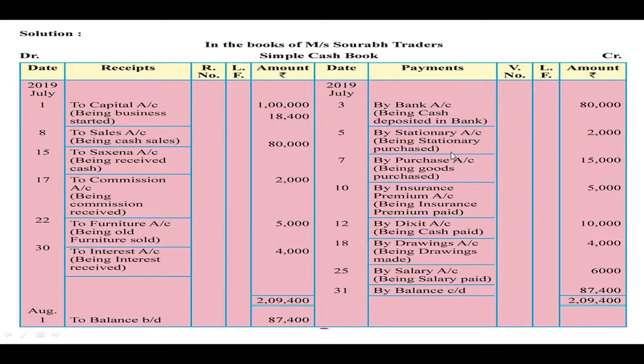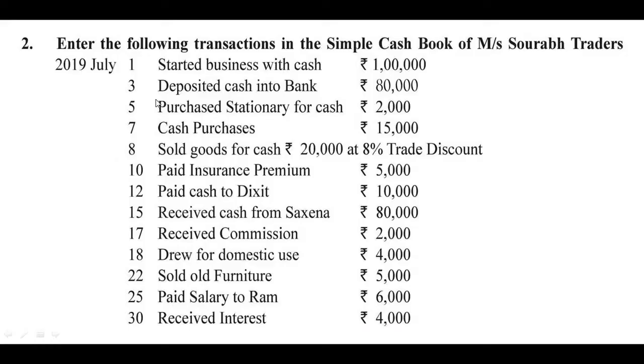So you have to remember that whenever the businessman purchases anything, then the transaction will be recorded on the payment side, and when the businessman sells anything, the transaction is recorded on the receipt side because in exchange he will receive the cash. Next, 7th July cash purchases rupees 15,000.